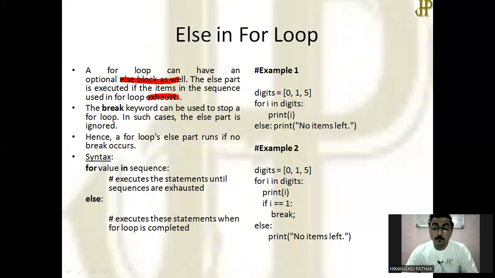Thus, you have to be very careful that a for loop's else part runs only if no break occurs. If a break occurs, it means the sequence has not gone up to the last element. It will break anywhere in the middle of the list. Then the else part will not execute.